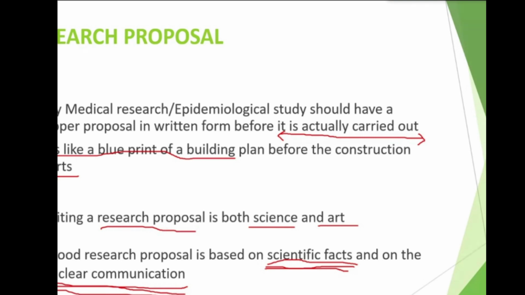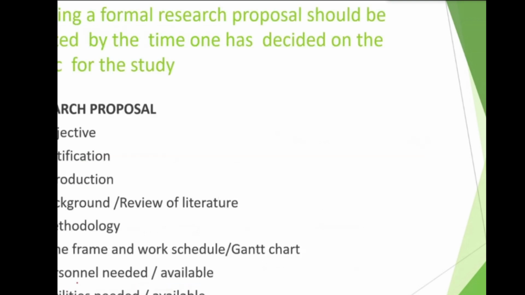And these are three important parameters that you will see appear in the rest of the presentation again and again. Now, writing a formal research proposal should be started by the time one has decided on the topic of the study. Let us say that any of you in your class decided to study how butterflies move from one location of your college campus to another, depending upon the weather changes.